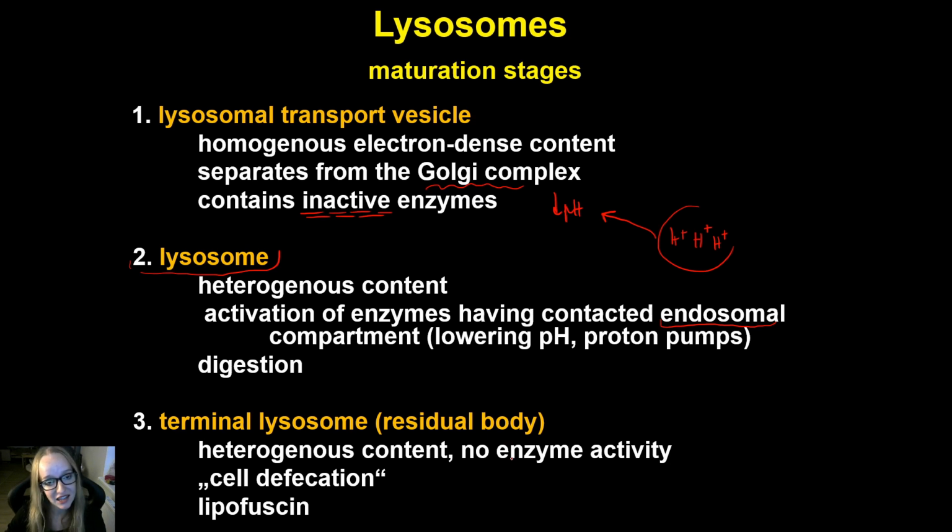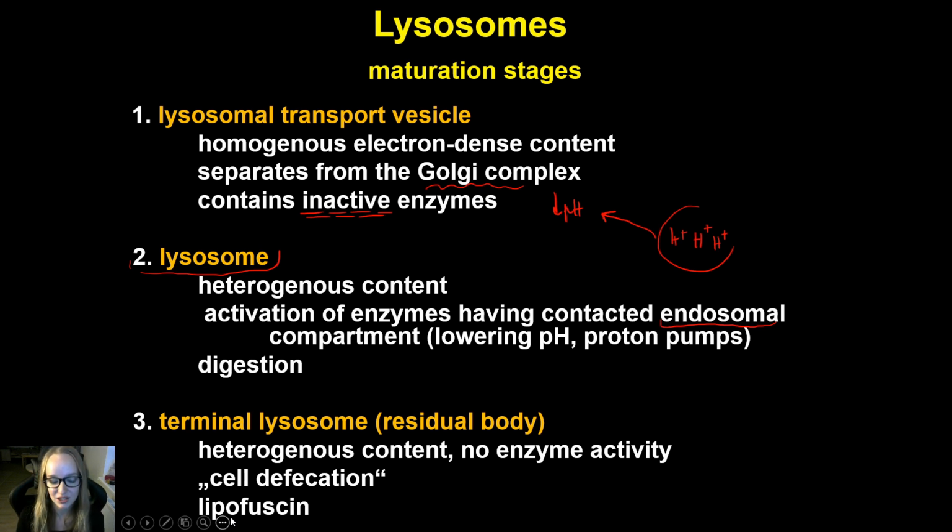Sometimes it doesn't have to be excluded. Sometimes the cell wants to keep its poop inside, and that's why sometimes we can see lipofuscin, which is a product of degradation of some pigments and lipids and so on. So sometimes you can see terminal lysosomes in big amounts located in a part of the cytoplasm, and they are in long-living cells like neurons or cardiomyocytes.